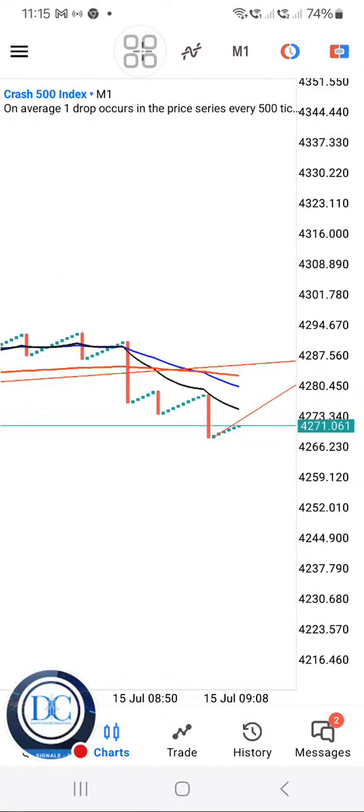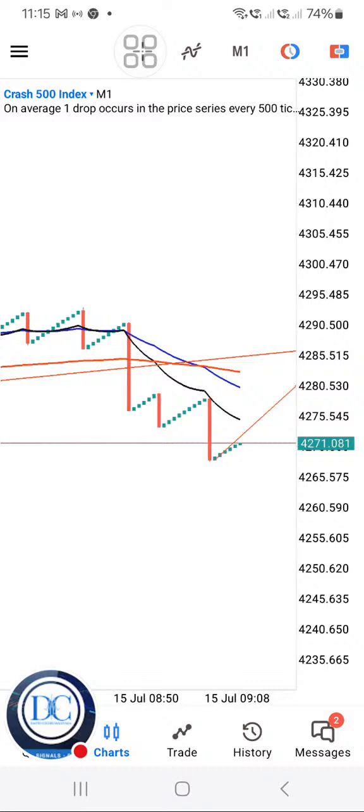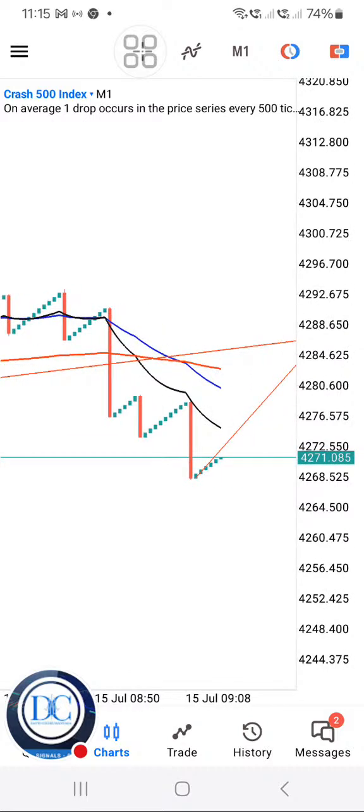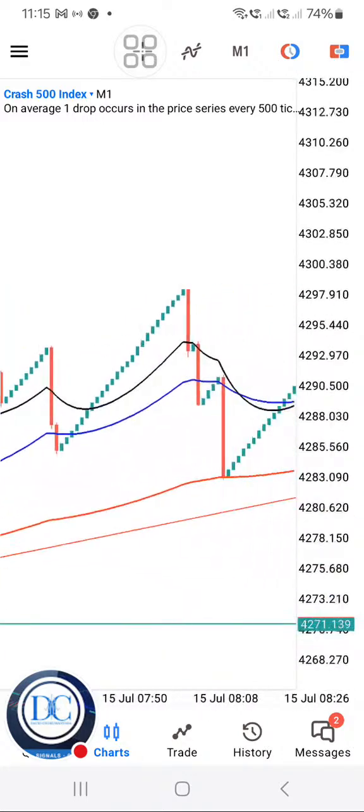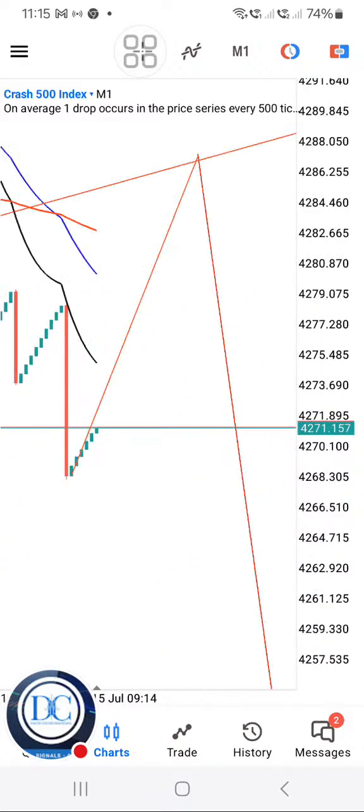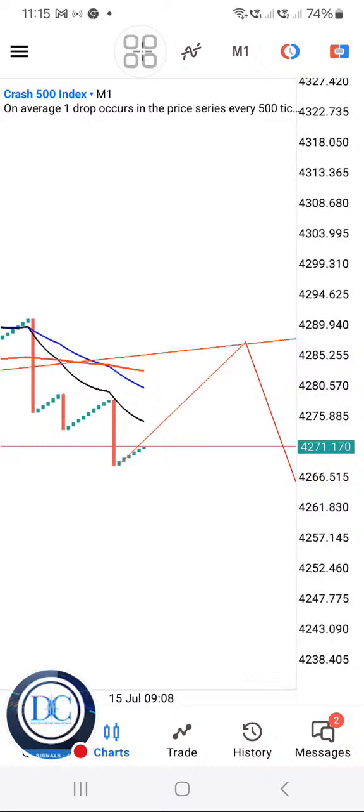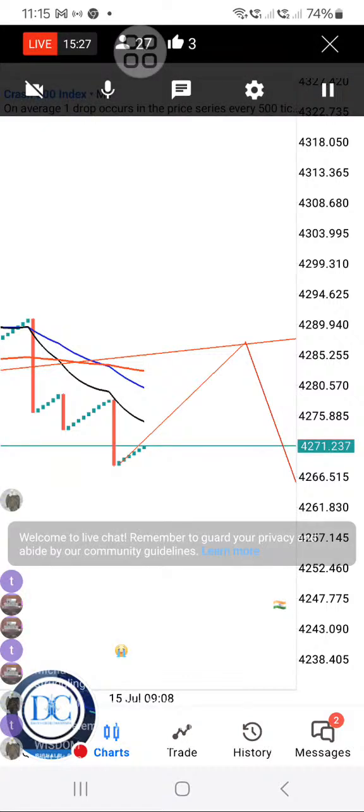So we can see again a very good opportunity to catch spikes while price is now trading below the red line, and in most cases there will be big movements. So there is a very good opportunity for you to start trading spikes. Okay, so that's one thing that we have here on Crash 500.